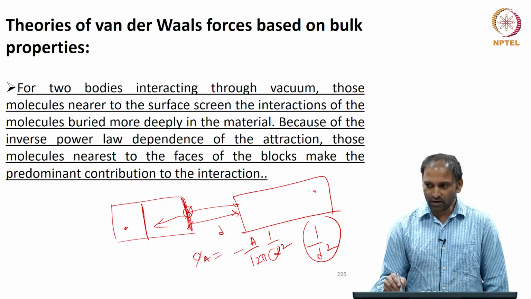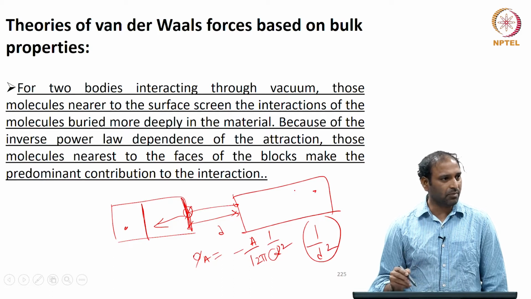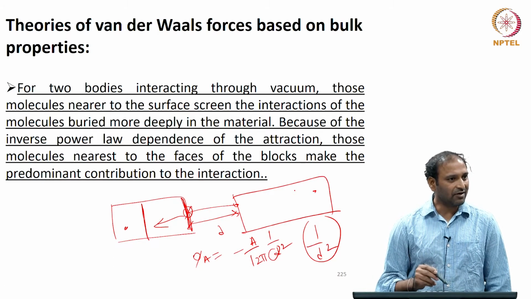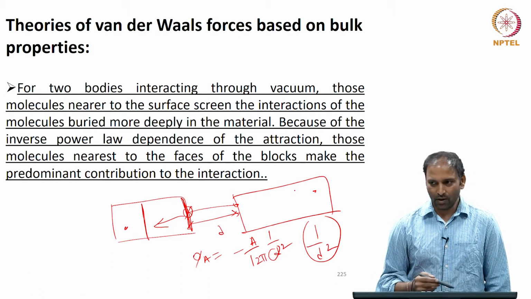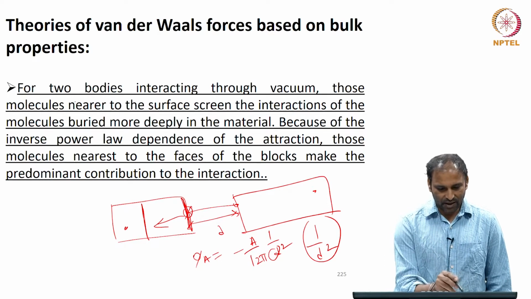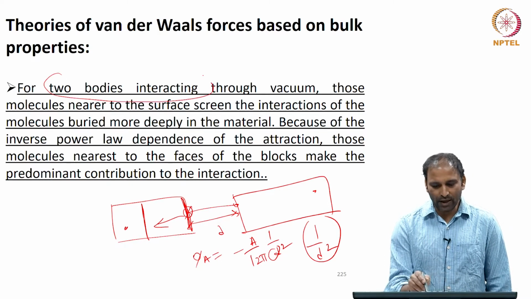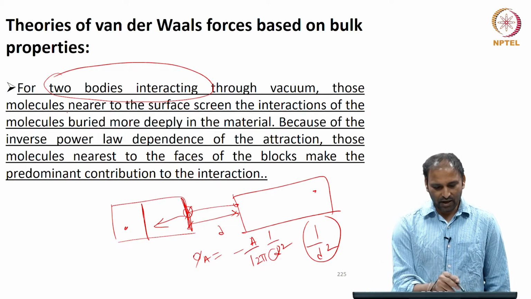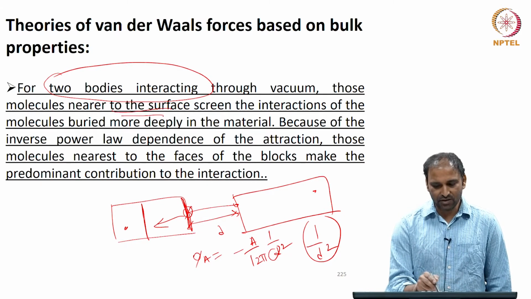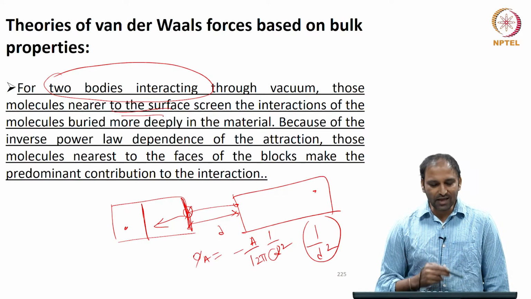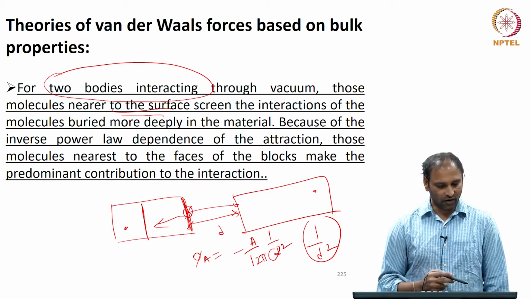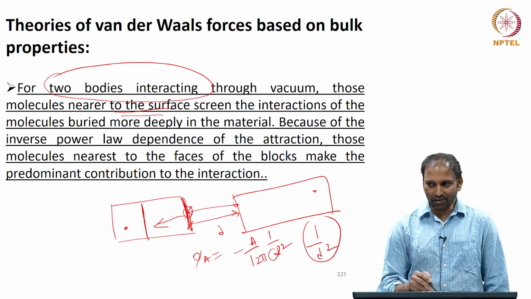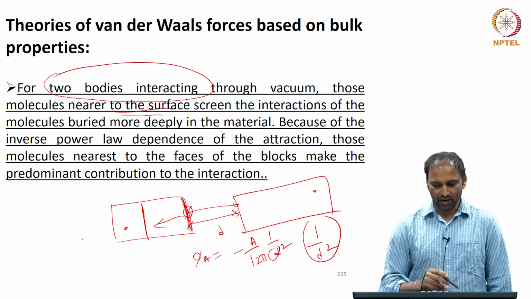However, if I look at the molecules buried underneath, they will have a weaker dependence. What I mean by that is that if you have any two bodies interacting through vacuum, there is nothing in between these objects, the molecules near the surface will screen the interaction of the molecules that are buried underneath the material.